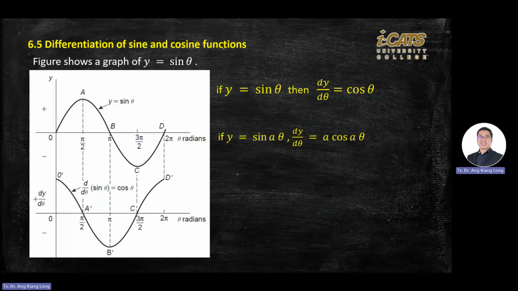So this is the first equation. If you differentiate sine theta, you get cos theta. If you differentiate y equals sine a theta, you get a cos a theta.